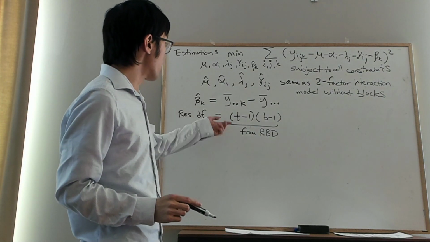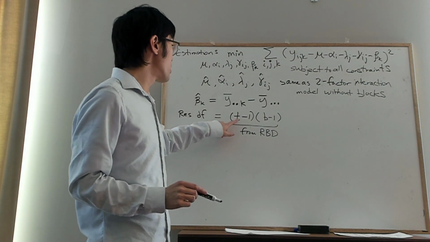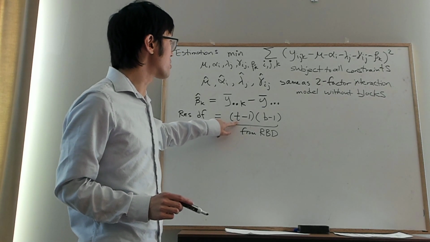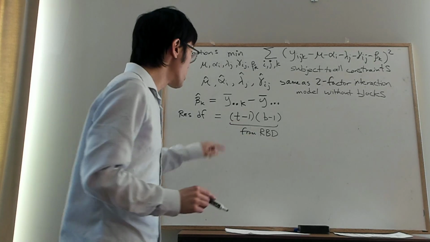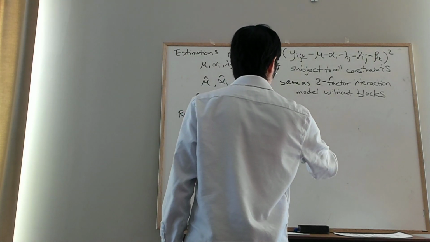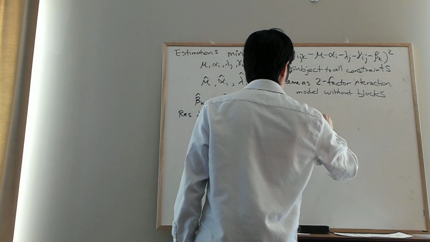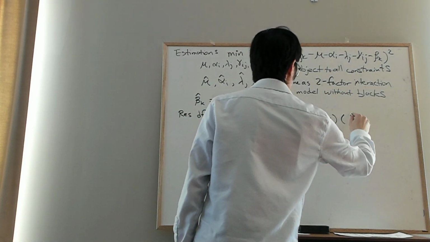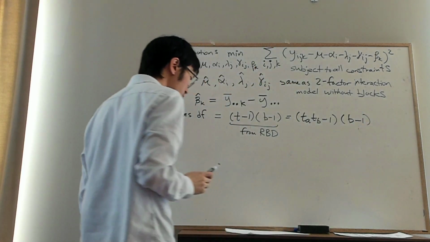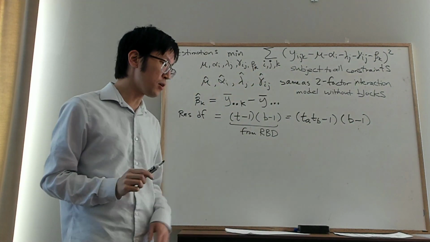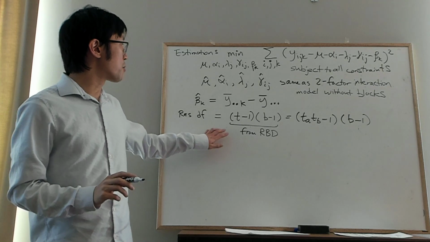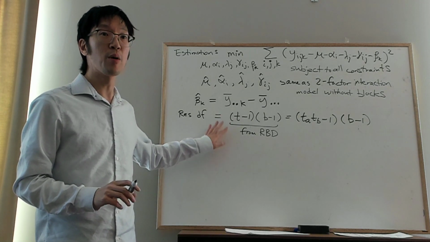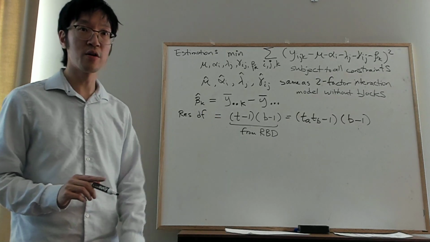The only thing we might do is write it a little differently, because now the treatments T are expressed as the treatment combinations of A and B. So we rewrite this as (TA times TB minus 1) times (number of blocks minus 1). So we were able to get the correct residual degrees of freedom without any additional work, by remembering that this is simply another way of writing the RBD model.